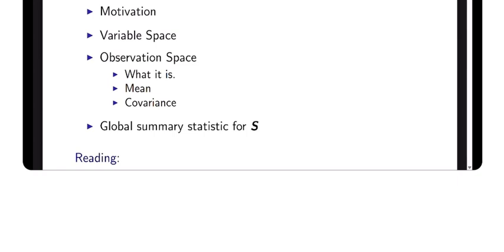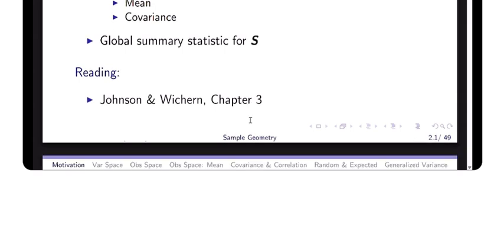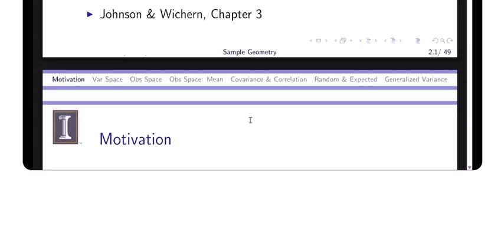And of course, believing if we have a covariant structure, we'll be able to achieve that. Okay, so we're also going to have a global summary statistic for S. When I say S, I'm actually talking about the sample covariance. Okay, so we're going to talk about all of that. If you want to read it, read the chapter 3 from the recommended textbook.